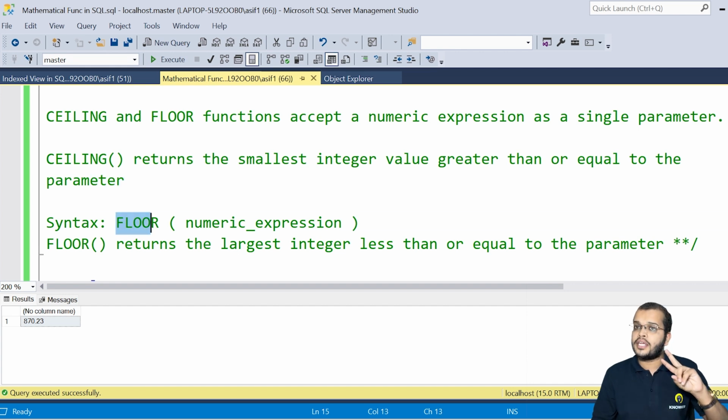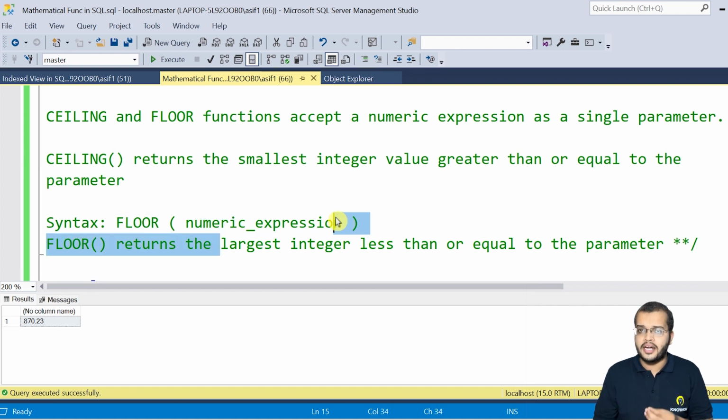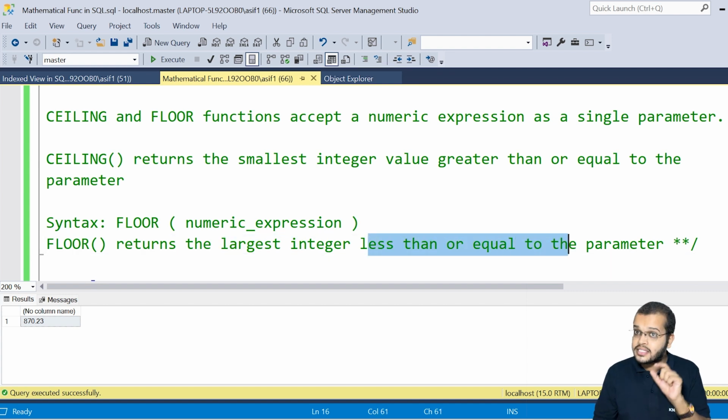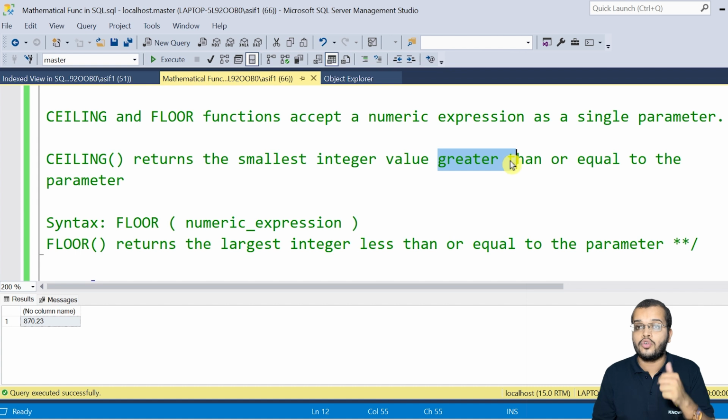I did not give the example immediately for ceiling because let's compare the ceiling and floor functions together, so that we can see the difference between them. For floor, we use the same syntax, writing floor with the numerical expression, and it gives us the largest integer less than or equal to the parameter. Less than for floor, greater than for ceiling.